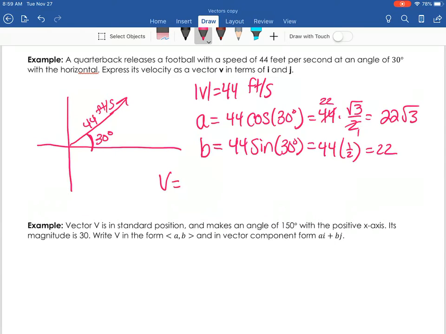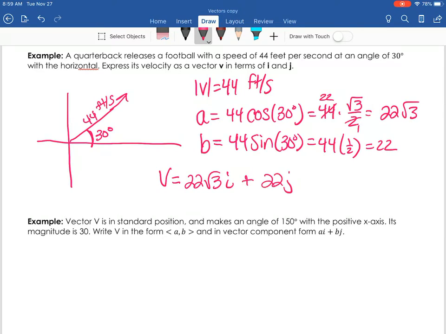So my vector in ij form is going to be 22 square root of 3 i plus 22 j. Everybody still doing okay?